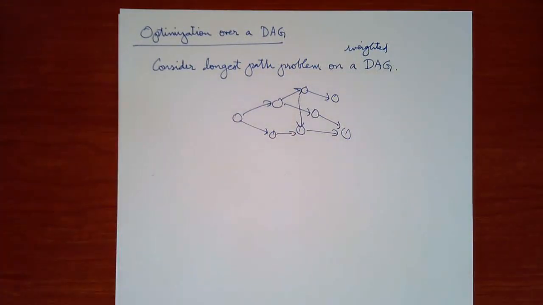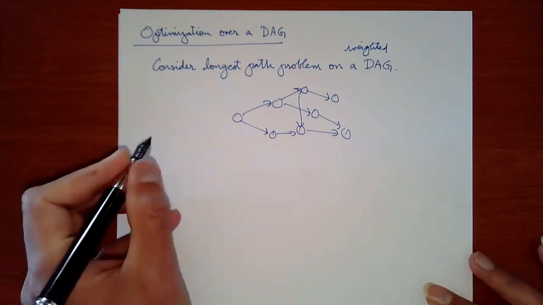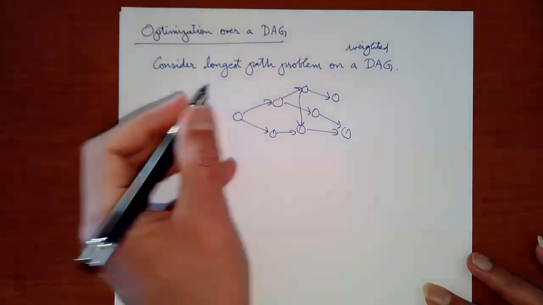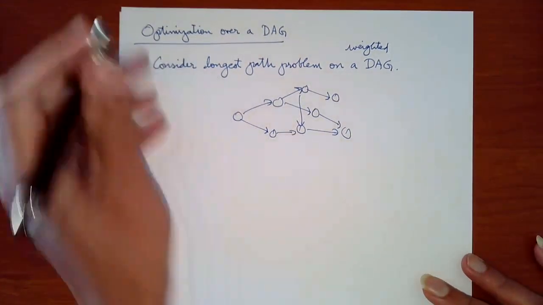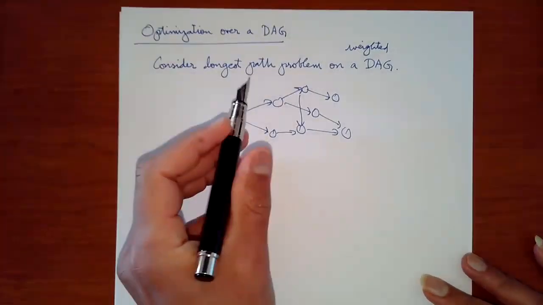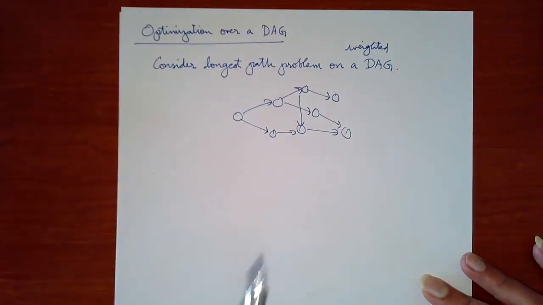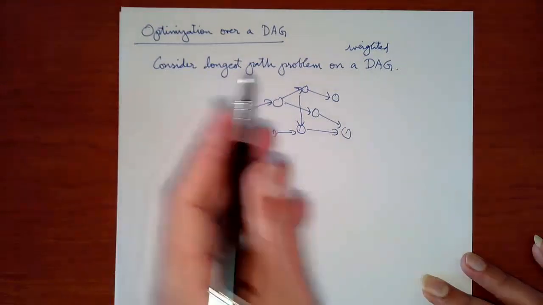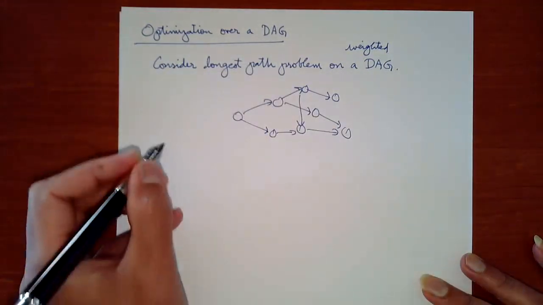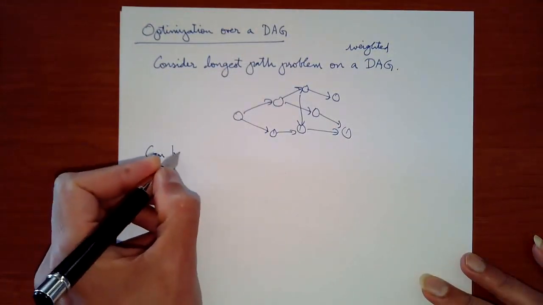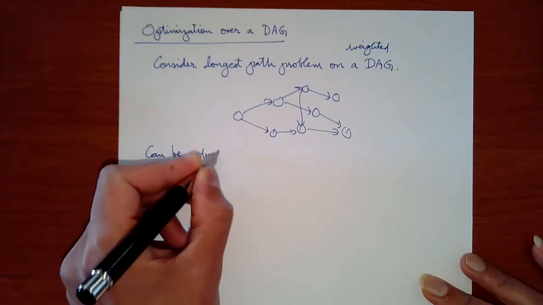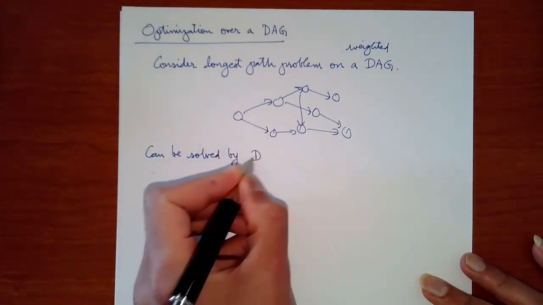The longest path problem can also be solved by a dynamic program. And in general, any sort of optimization, whether it's longest path, shortest path, or various variants of it, can be solved by a dynamic program.